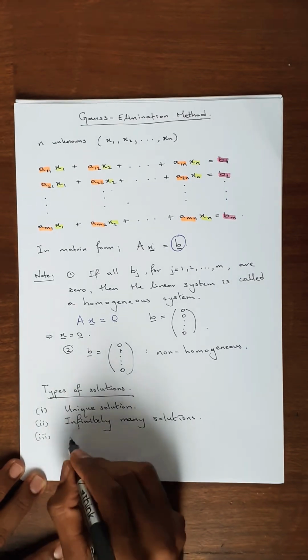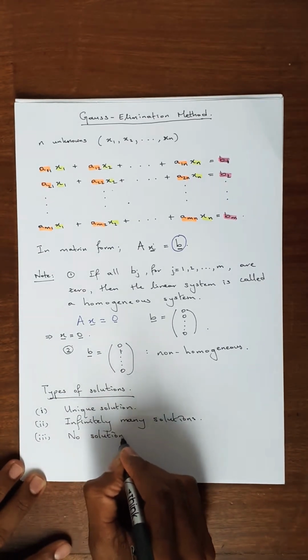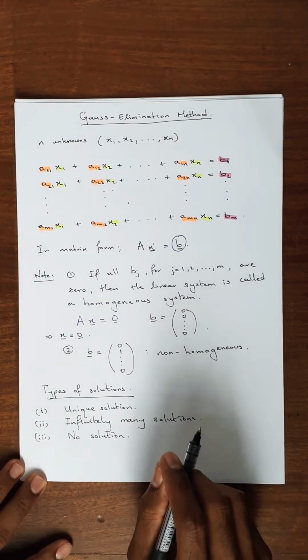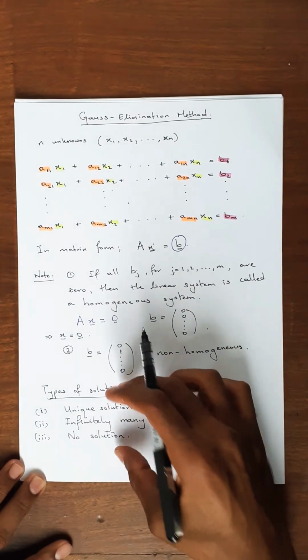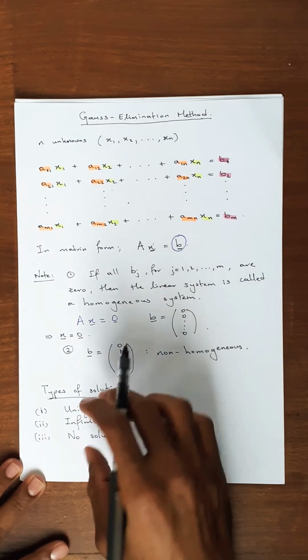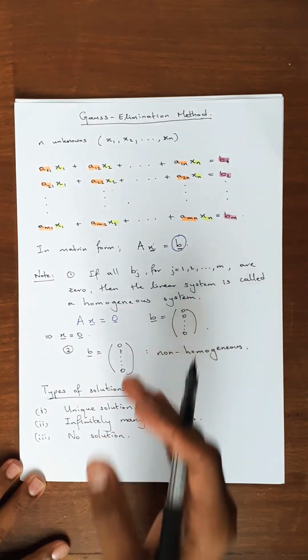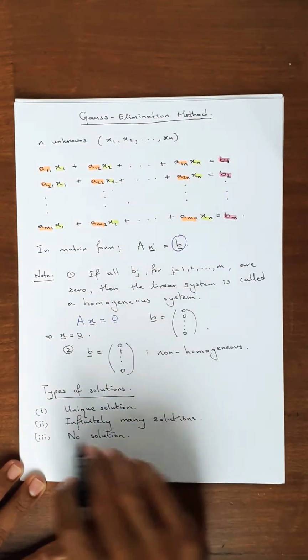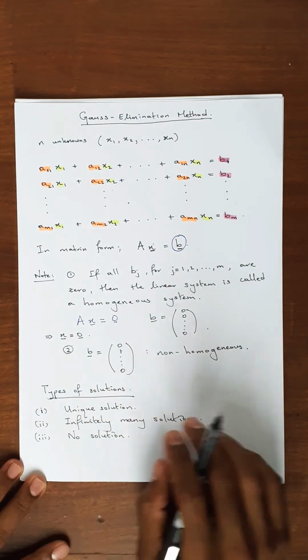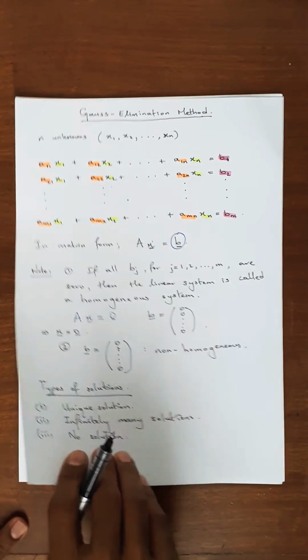Thirdly, finally, is that there is no solution. Now this part would be more understandable if we have seen rank and consistency, but I'm not going to do that today. Today is about the Gauss elimination method, so I'll do another video on the meaning of rank and consistency.